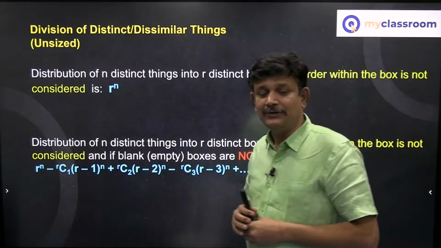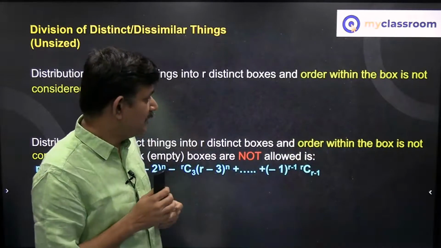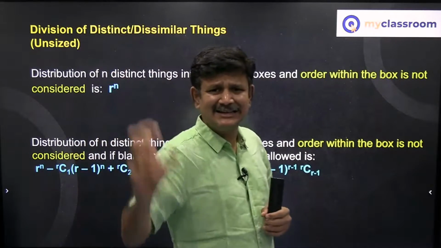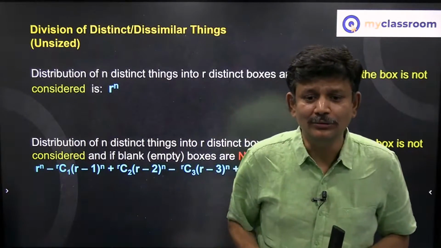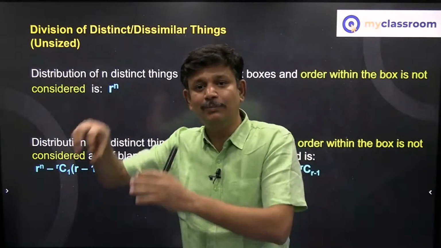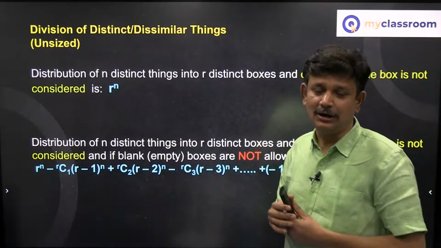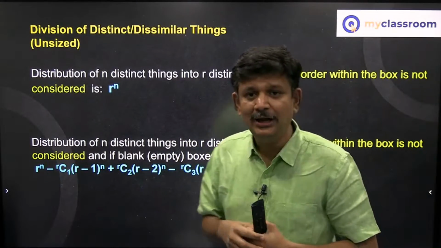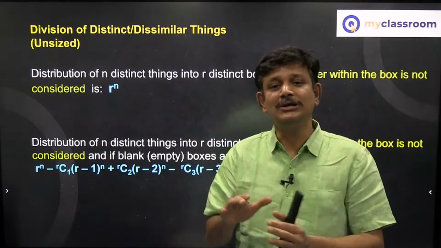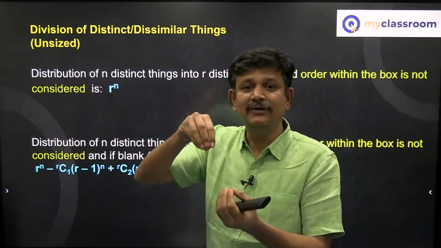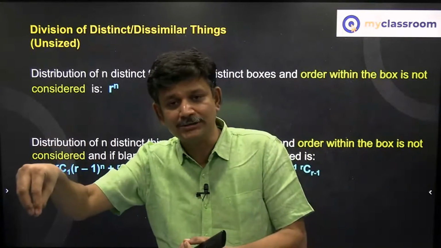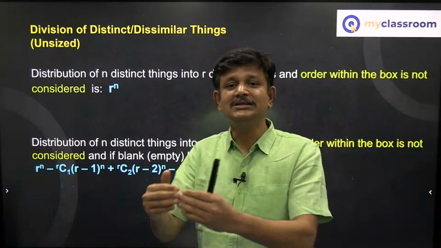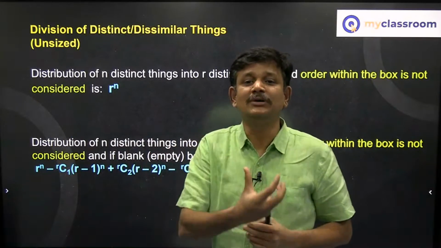Next part of the similar question: how many ways to distribute n distinct things into R distinct boxes if empty boxes are not allowed? This falls under the inclusion exclusion principle. First I distribute all the n things among R boxes in R power n ways. From this I subtract the case where one of the boxes was empty.